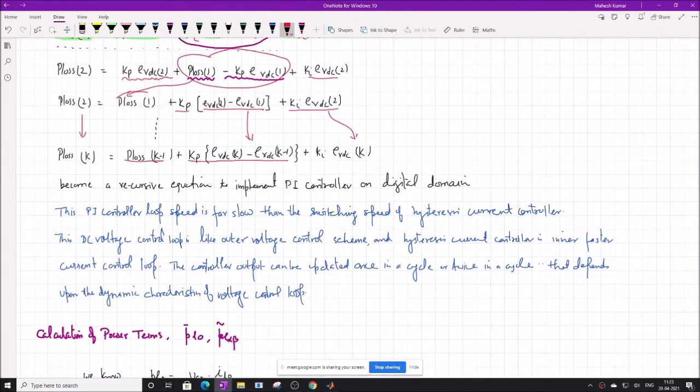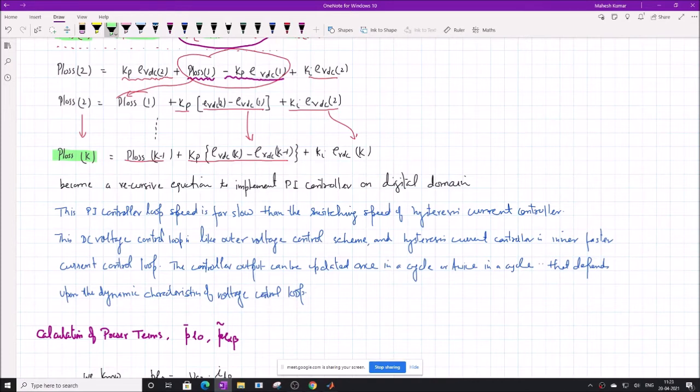You may ask what is the speed of this loop, because this basically means how fast we implement this voltage controller loop. Actually, if you see this scheme carefully, there are two control loops. The one is the current controller loop, which is the inner loop, where we check the current against the reference plus minus H and decide the switching.